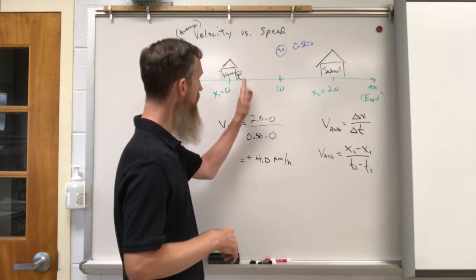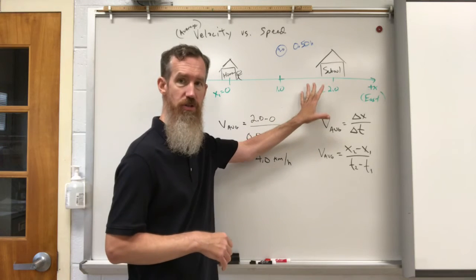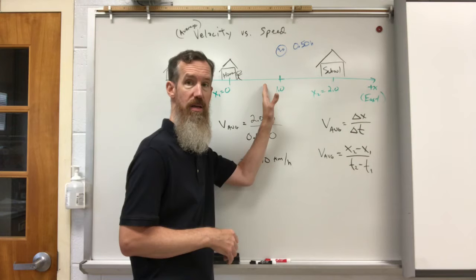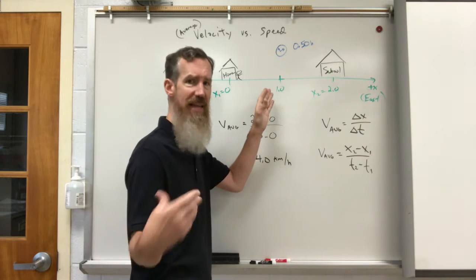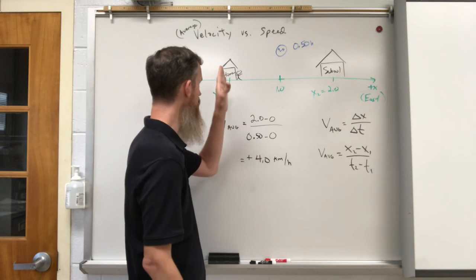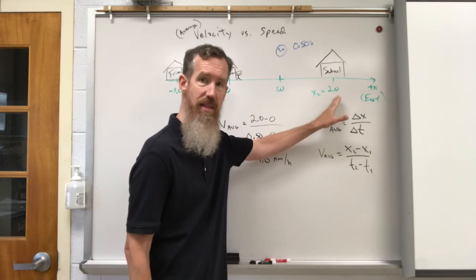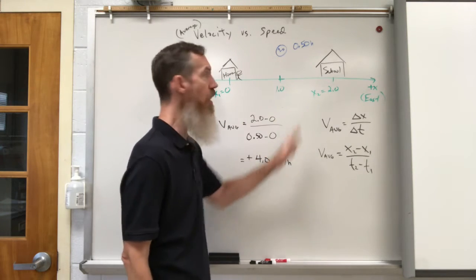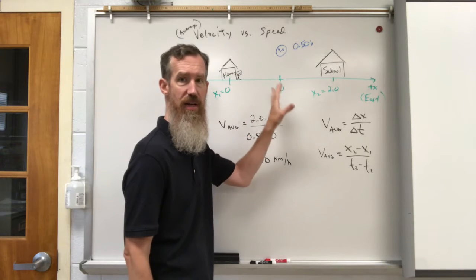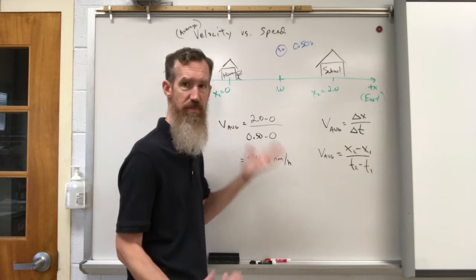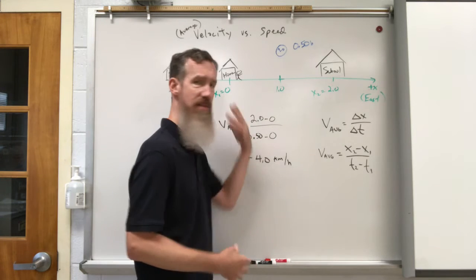So during that 30 minutes, you have all kinds of weird motion, or sometimes even non-motion. Maybe you're even stopped for a little bit. But the physicist doesn't care about that. The physicist only cares about, well, I started here, I ended there, it took you a half hour. All kinds of things could have happened in between, but we only care about the initial and the final positions, and the final and the initial times.